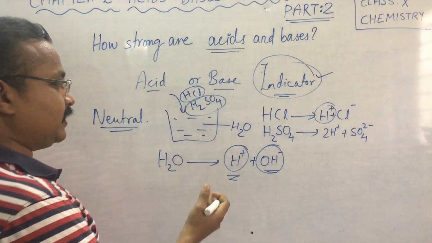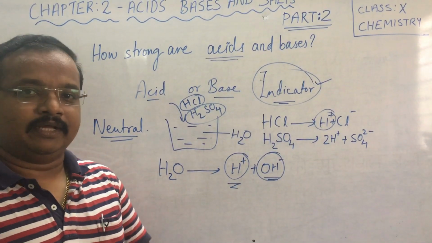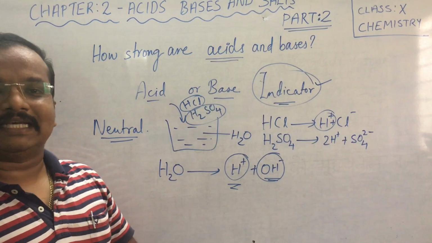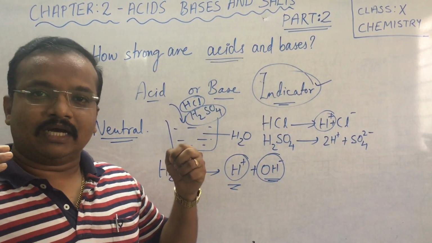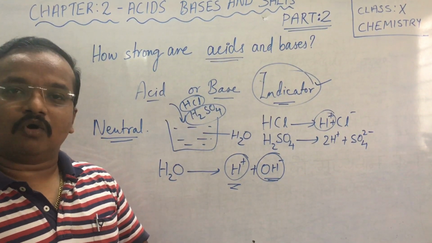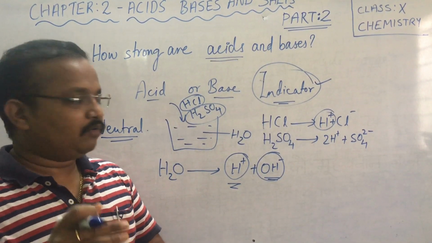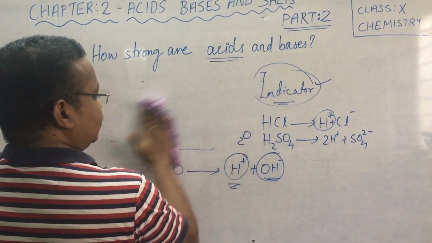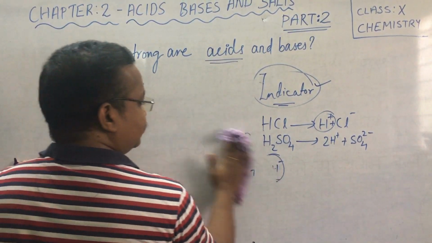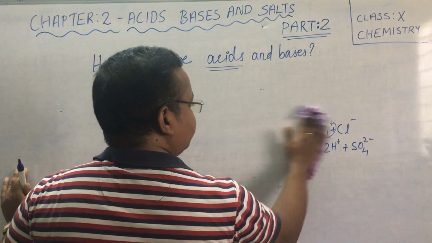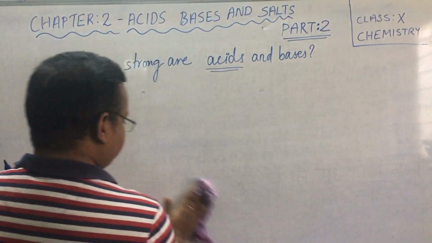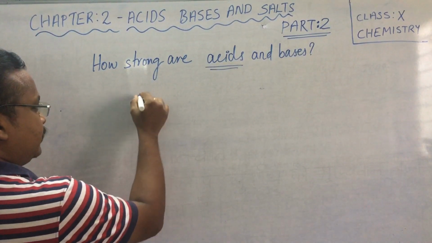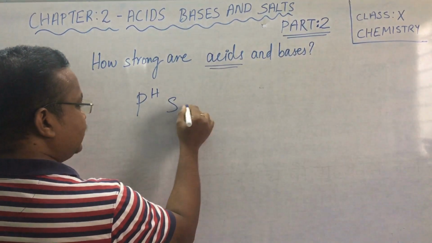Now, if the substance added into water contains more H positive, then we can say that the solution is more acidic in nature. In order to calculate this acidic character, or the H positive or OH minus present in the mixture, we have a scale known as the pH scale.